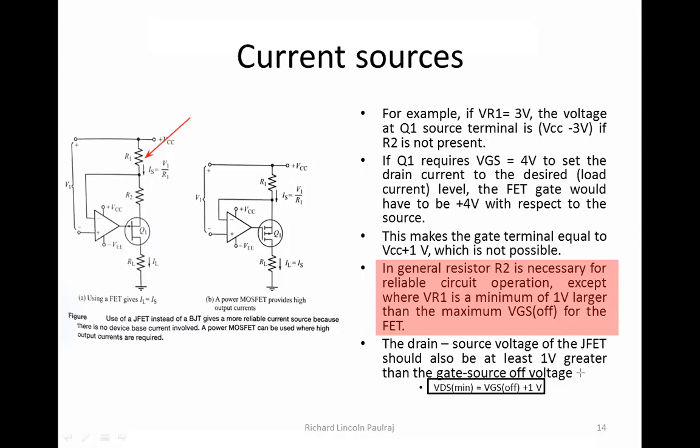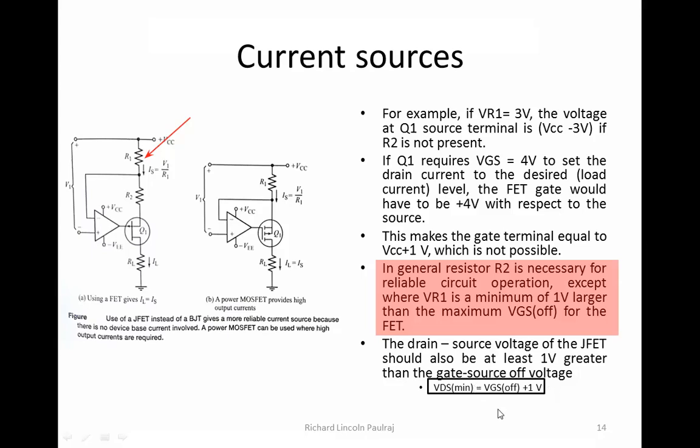Which means we come up with this equation, VDS minimum. What is VDS? The voltage between drain and source. The minimum voltage between drain and source is equal to VGS off plus 1 volt. Why am I taking this plus 1 volt? Because that's the minimum level that I can attain. So it can go in the range of 1 volt to VGS off. Okay, so that's the maximum.